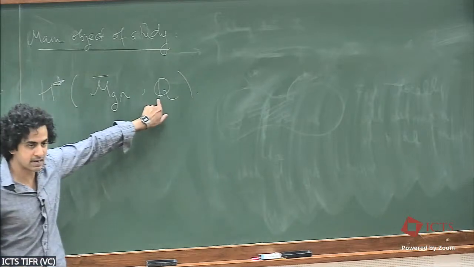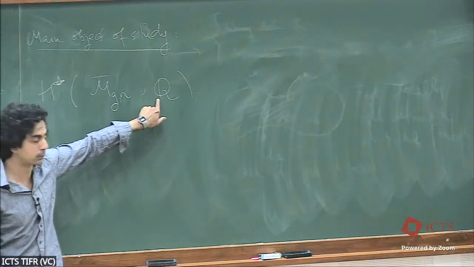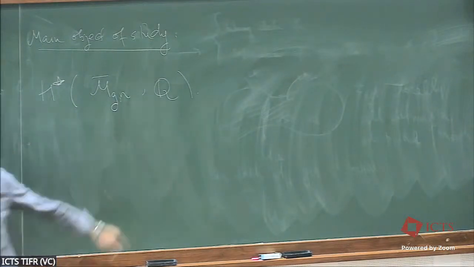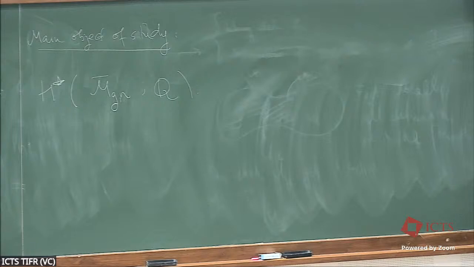I'm particular here about saying rational coefficients, although I will stop writing it pretty soon, because this is one place it actually matters that this is a Deligne-Mumford stack and not a variety. If you try to put Z over here, the fact that this is a Deligne-Mumford stack will mean that the cohomology will be rather weirdly behaved. For example, it will never vanish. You can go up arbitrarily high in degree and you will find non-zero cohomology groups. So this is our main object of study.